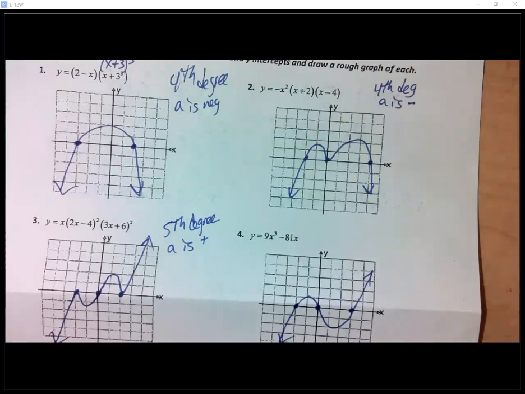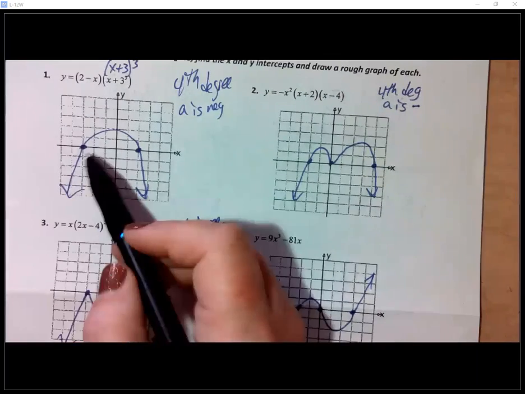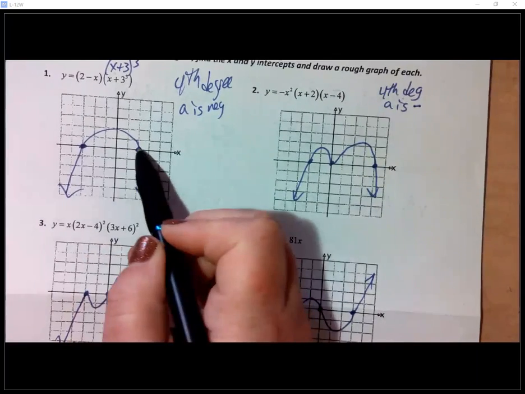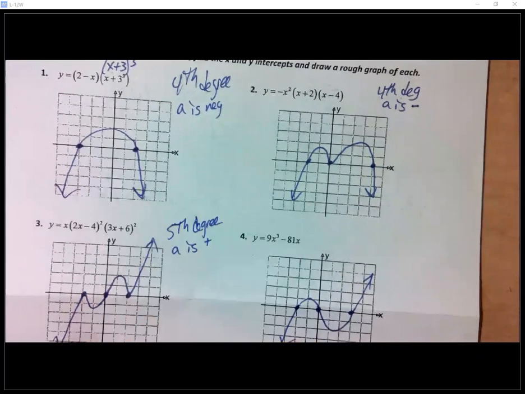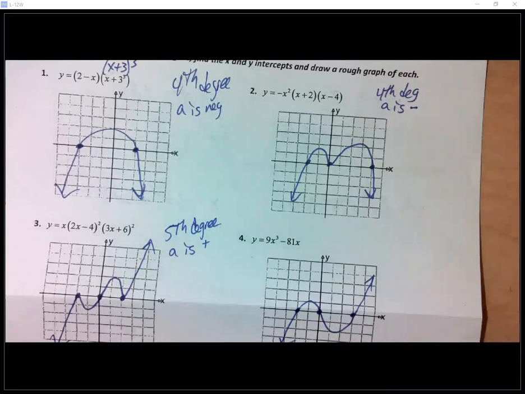The things that we are looking for: I will be checking that your ends are going the right way. So both ends need to be going the right way, either both down, both up, one down, whatever. I'm also going to be checking that your x-intercepts are in the right spots. And then I'll be checking that you bounce or pass through at the right spots. As far as the rest of the graph goes, I really don't care.